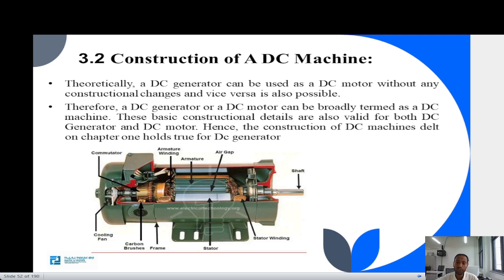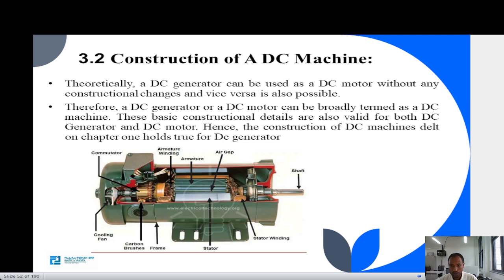And the next point is construction of DC machine. Under this, I'm not going to tell you something new because we already addressed the general perspective of DC machines. If you remember, we said that theoretically there is no physical difference between DC generator and DC motor, and collectively they are called DC machines.